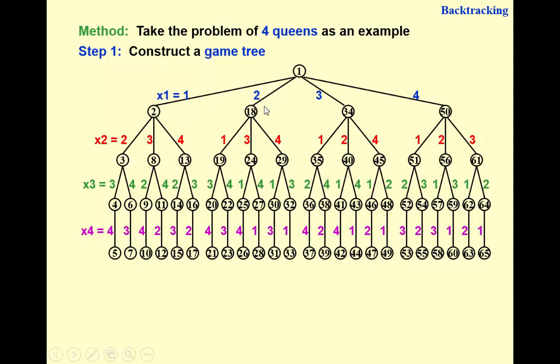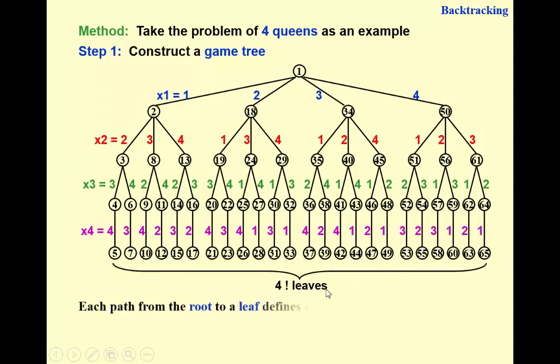So a path from the root to a leaf node corresponds to a candidate solution. And there are how many different paths? The same number of leaf nodes, right? So in this case, there's going to be 4 factorial leaves, right?